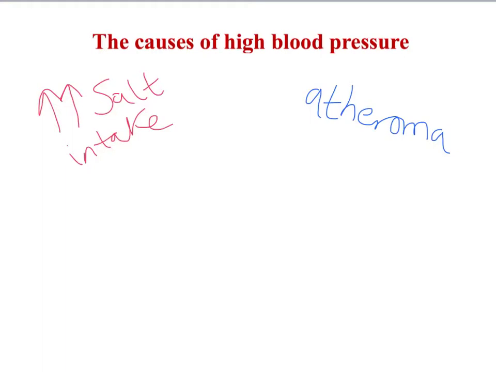Not only does this narrow the lumen, which is essentially the space there where blood flows, like the hollow inside, but it can also massively reduce the elasticity of the artery wall, making it harder for that volume of blood to get through.